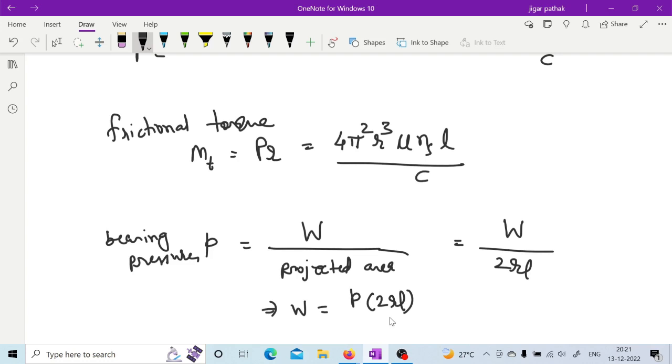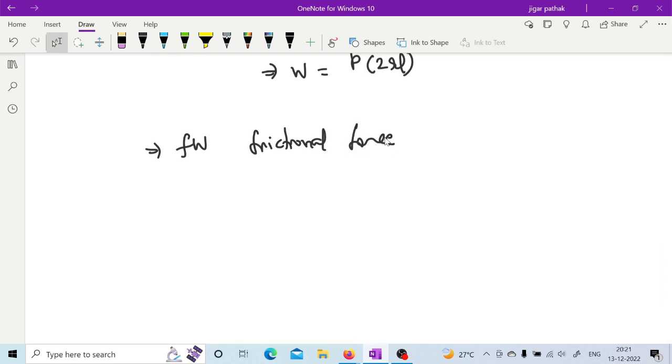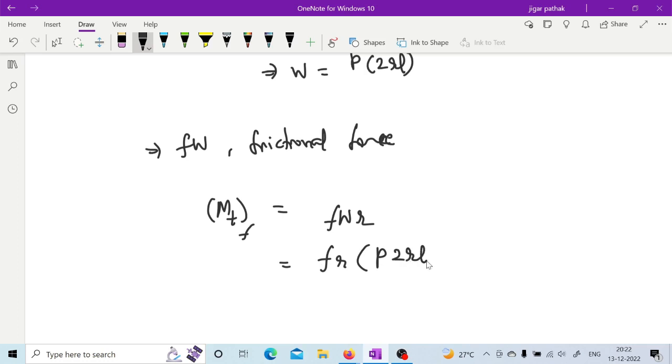So as you have W as radial load, then Fw is the frictional force, and because of that you will have frictional torque, that is Fw into R. So this F into R as it is, and W we have written as P into 2RL.